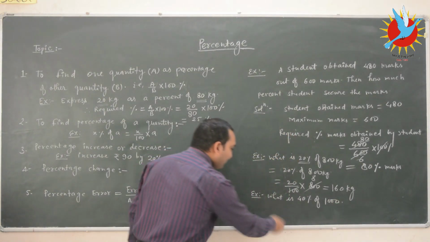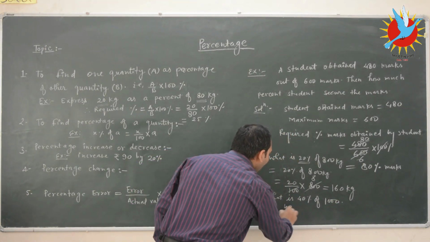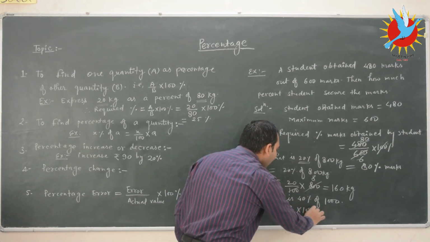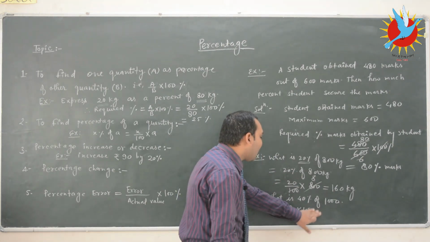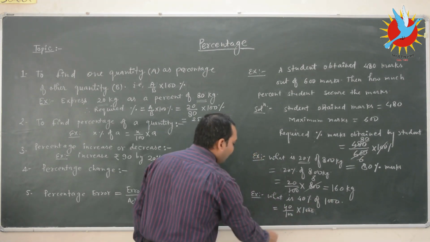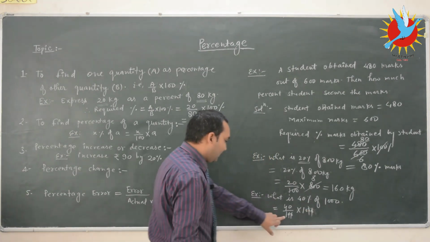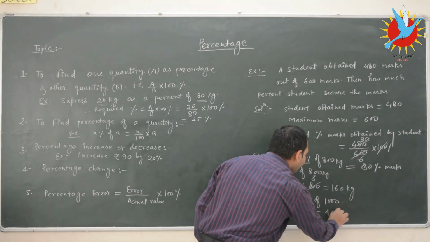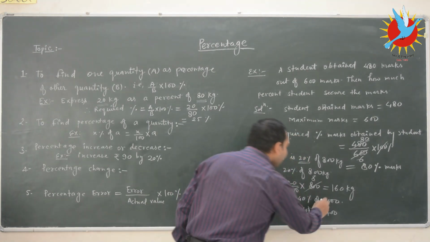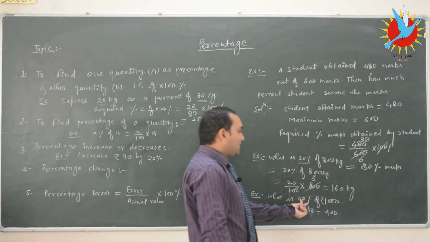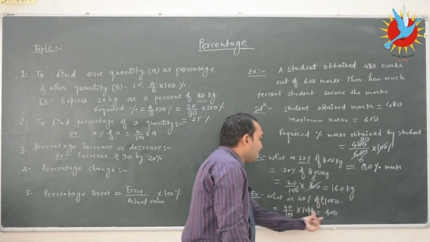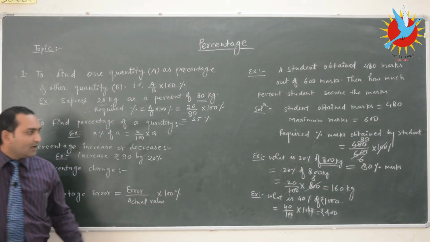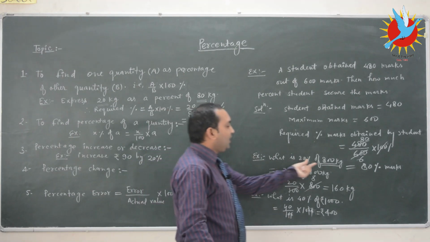This is also the same. 40% means 40 out of 100, we write it as a fraction and multiply by 1000, the total quantity. So 100 cancels with 1000 to give 10, and 40 into 10 is equal to 400. It may be rupees. So 40% of 1000 rupees is 400 rupees. In this way, we find the percentage of any quantity.